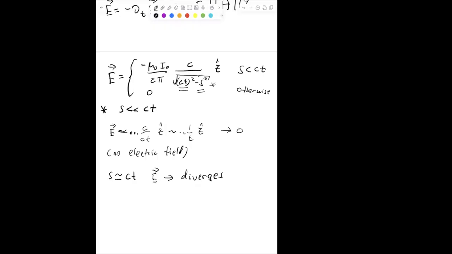You have the point of view of energy, which is excellent. I'm not sure that he meant it, but what will be the energy of the field? It is proportional to E squared. The energy of the field will behave like 1 over CT squared minus S squared.